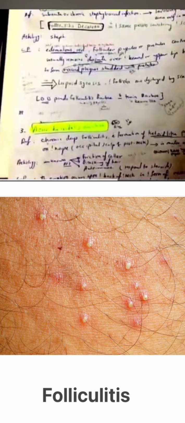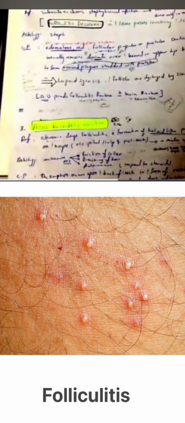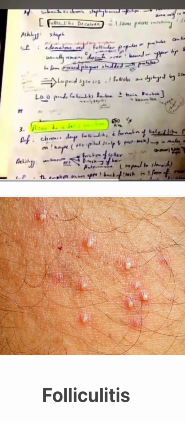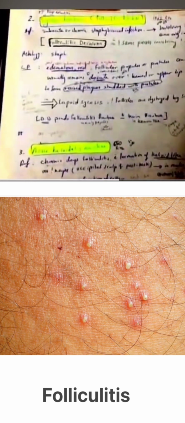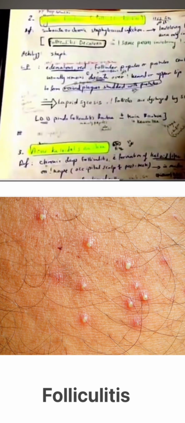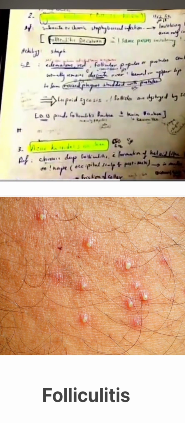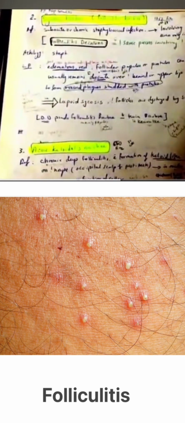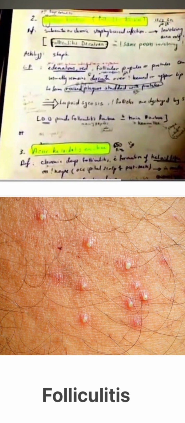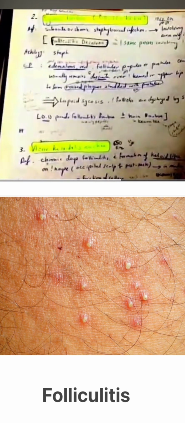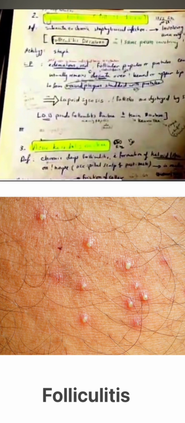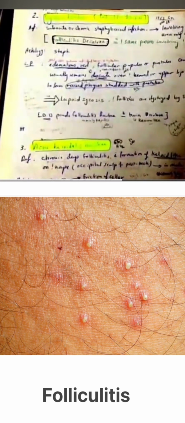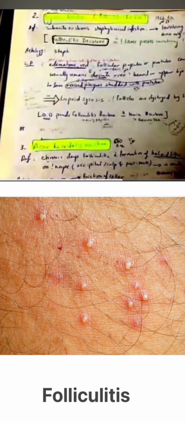The etiology is Staph aureus, and it presents as edematous red follicular papules or pustules centered on a hair. Usually it remains discrete over the beard or upper lip, but may coalesce to form raised plaques studded with pustules. Differential diagnosis, of course, is from pseudofolliculitis barbae and tinea barbae. Tinea barbae is kerion-like, and pseudofolliculitis barbae is mostly papules, not pustules.